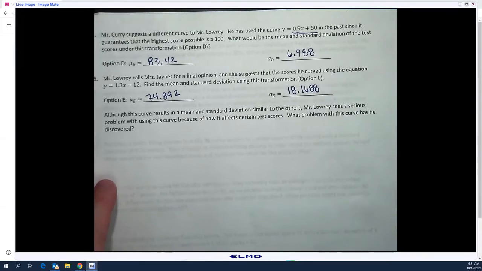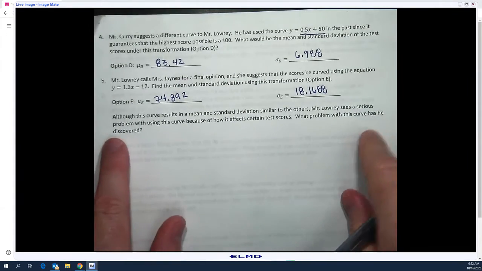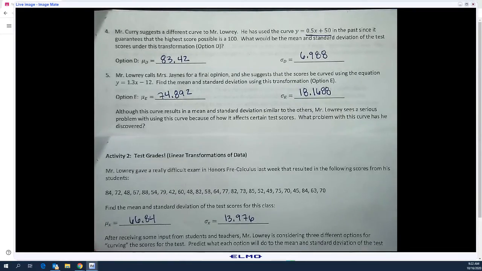Mr. Lowry sees a serious problem with using this method of curving. And it says, what is the problem with his curve that he's discovered? I'll pause for just a second, see if you guys can think of, relative to the other ones, what the problem might be with this. Let me think. And you might want to consider the original grades.